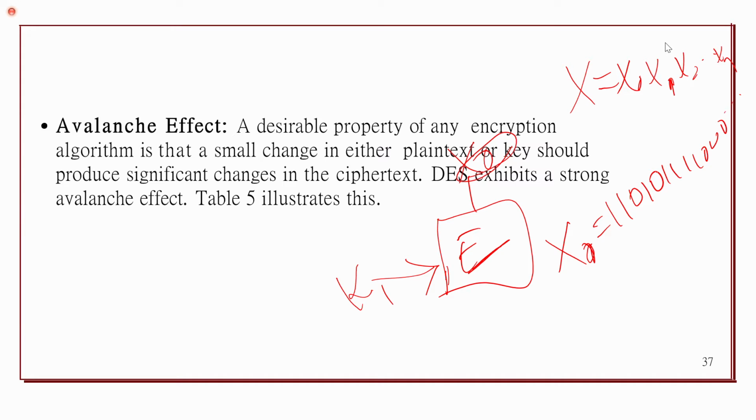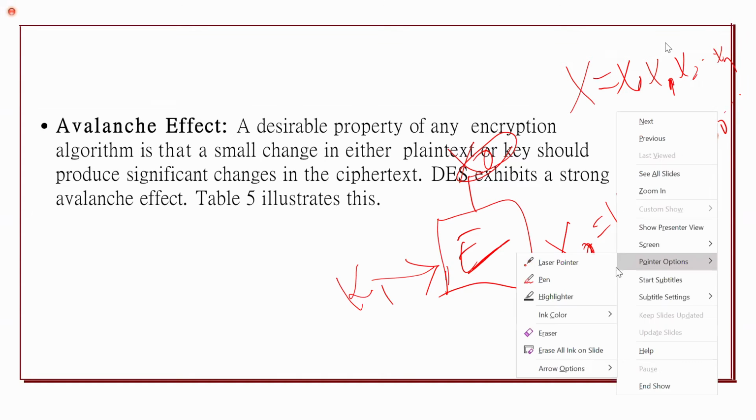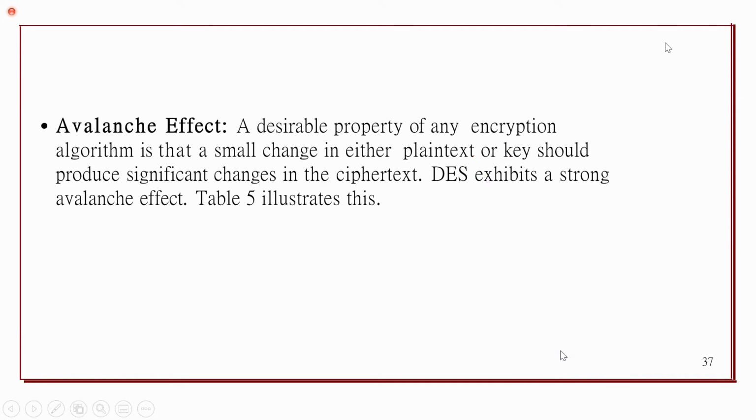That is why a small modification in the plain text will give significant changes in the ciphertext. That is called the avalanche effect. A desirable property of an encryption algorithm: a small change in plain text will produce a significant change in the ciphertext.